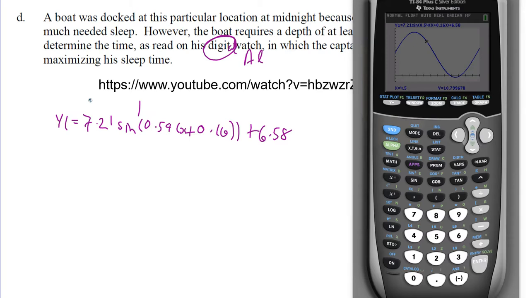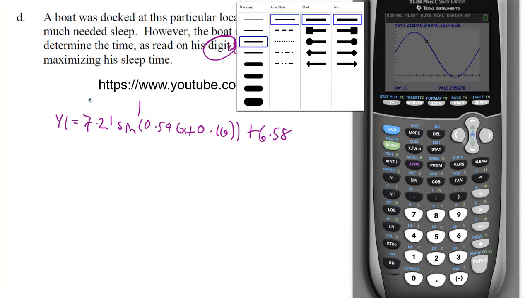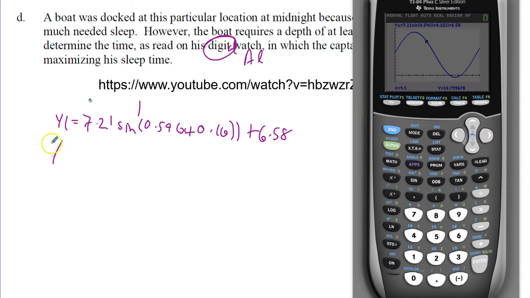Okay, now let's get back. So y2 will equal 4. Our x, we do 0 to 12 by 1. Our y, negative 2 to 15 by 1s.